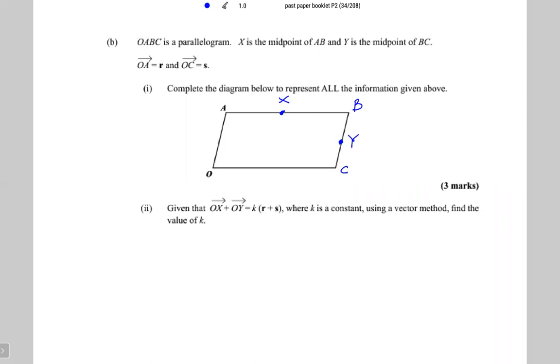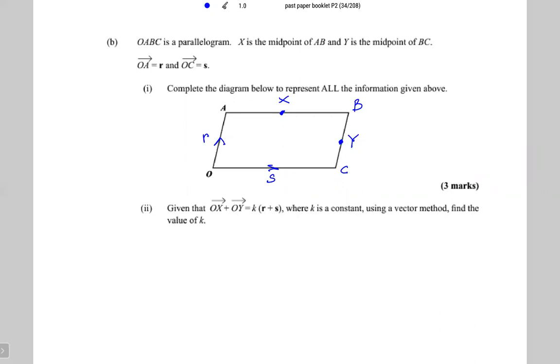Now, the vector OA is R, and the vector OC is S. Remember, a vector may be represented as a column vector, and it may also be represented by common letters. So here, the vector OA is R, and the vector OC is S. The question says, complete the diagram below to represent all the information given above.